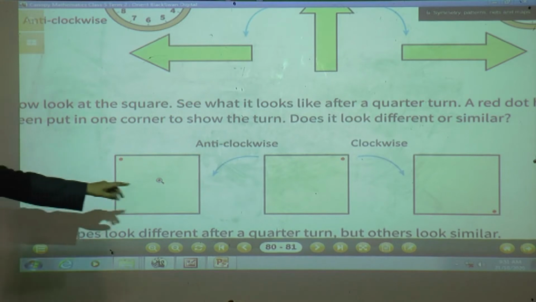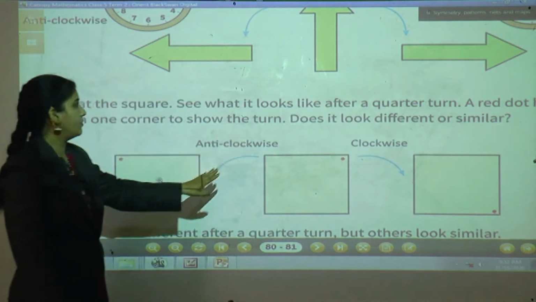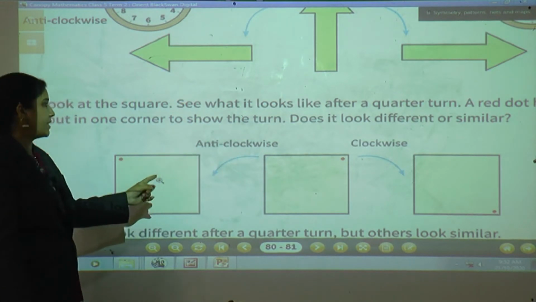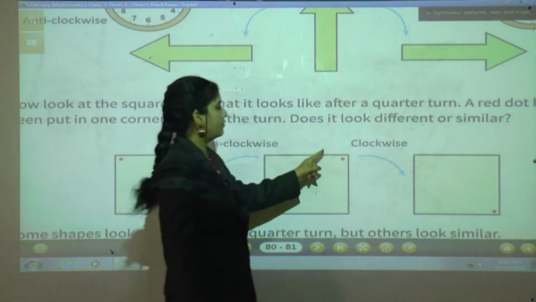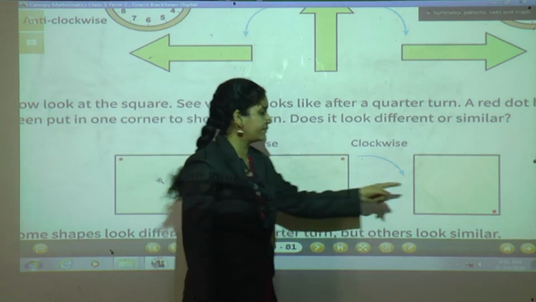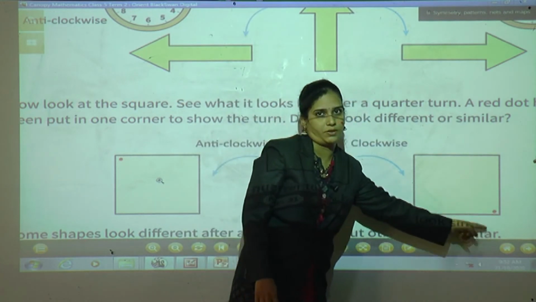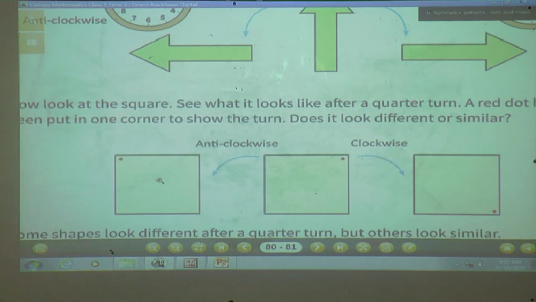Here is a red dot. So if we turn in the anti-clockwise direction, it will come here, and if we turn it in the clockwise direction, it will come here in the quarter turn. Now all of you understood what is meant by quarter turn?